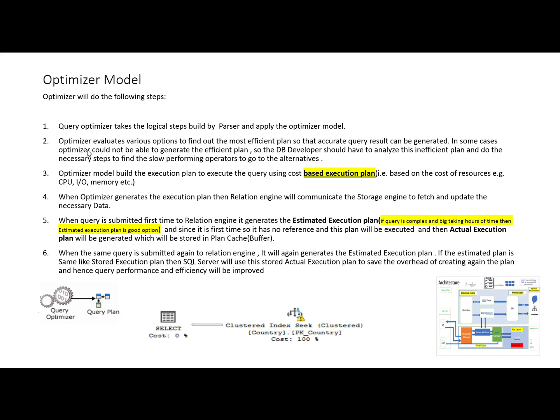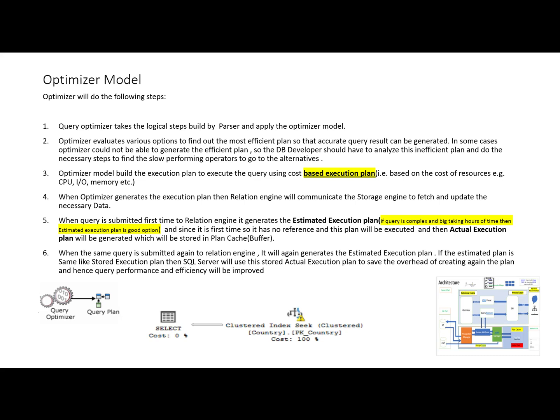Sometimes the plan generated by the optimizer is inefficient. In this case, the DBA or developer should analyze the plan, find the costly and slow operators, and find alternatives to rewrite the query so that it is efficient. After that, the optimizer builds the execution plan, which is a cost based execution plan.